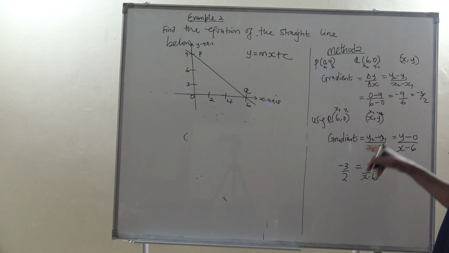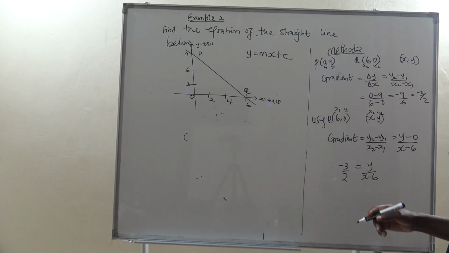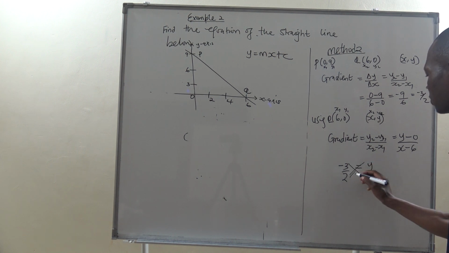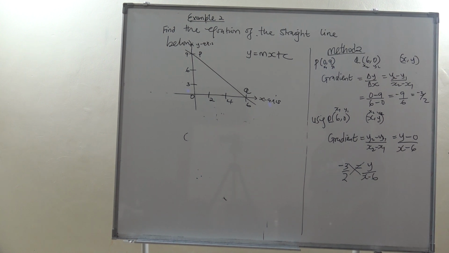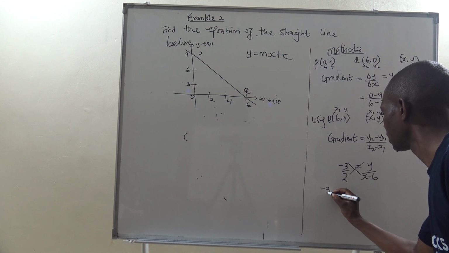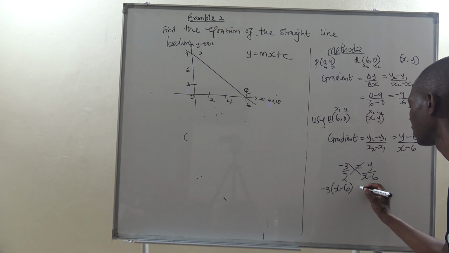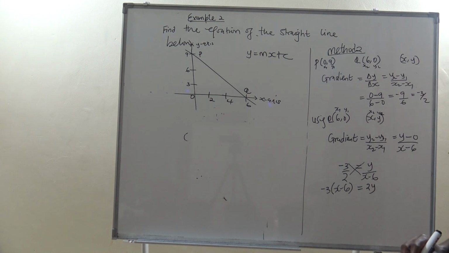Now, here we intend to make y the subject of the formula. I hope you're getting me. After we cross multiply, for us to remain with y alone on one side, we first cross multiply. Negative 3 times x minus 6 will remain as negative 3 into x minus 6, equal to 2 times y, we get 2y.